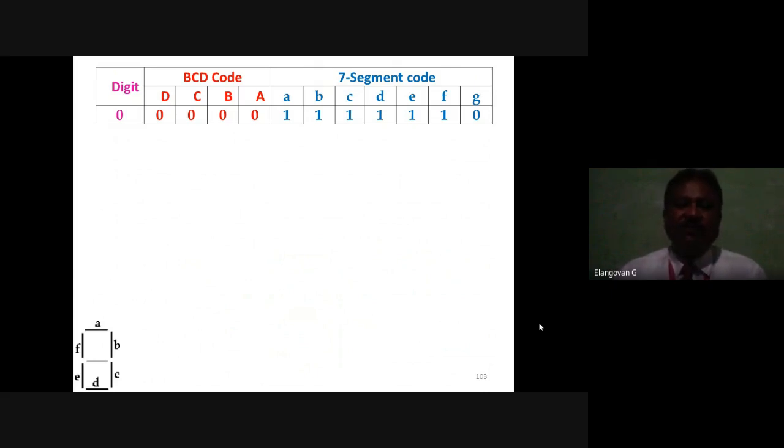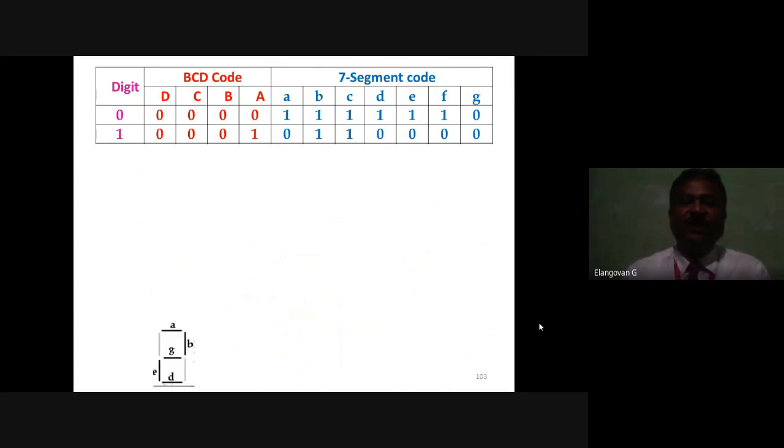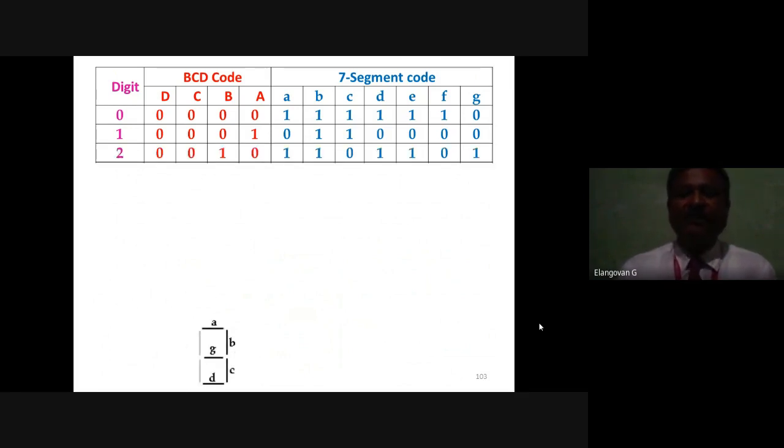The 0 will be considered like this, and to display 1, we need to turn on B and C alone. Similarly for 2, we need to turn on A, B, D, E, G alone. For 3, except E and F, all other segments are turned on.